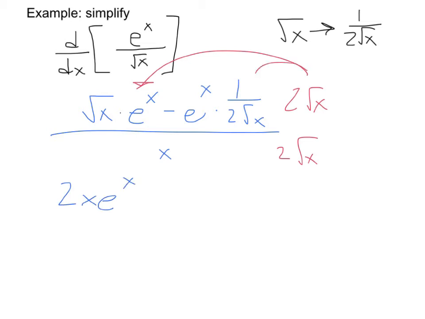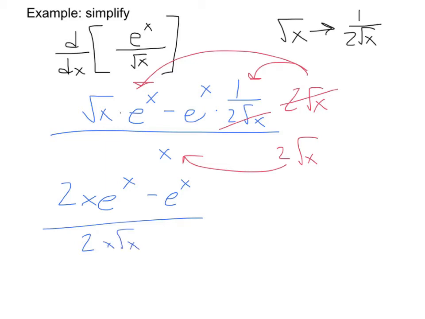When the 2 root x gets here, it will eliminate with the other 2 root x, so that'll leave me with just minus e to the x. And on the bottom, this is just going to multiply to give me 2x root x. The final thing I would do is that, I really like factoring things, so I would definitely factor this as e to the x on the top times 2x minus 1, all over 2x root x.